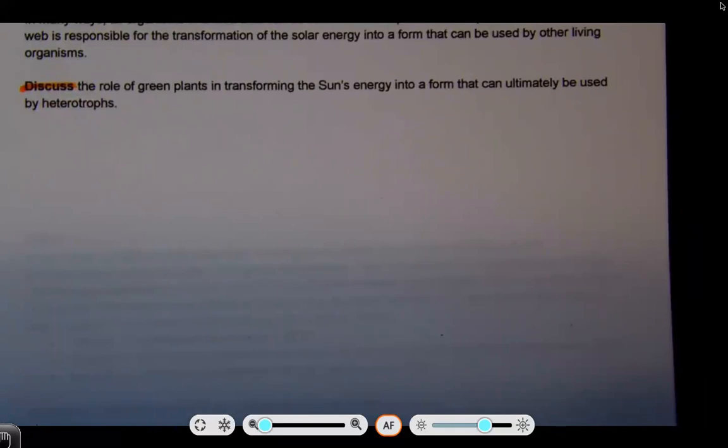So you need to explain, hey, how does the sun's energy end up in organisms that can't harness it? So in our case, we have to eat sugars to get it. And so you need to explain how plants get the sunlight into sugars, and then we eat the sugars, basically.